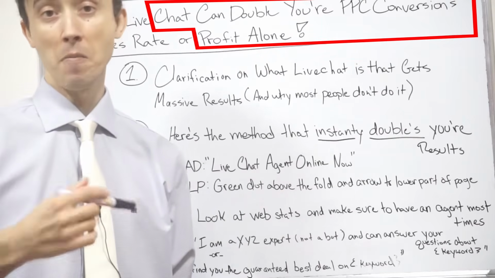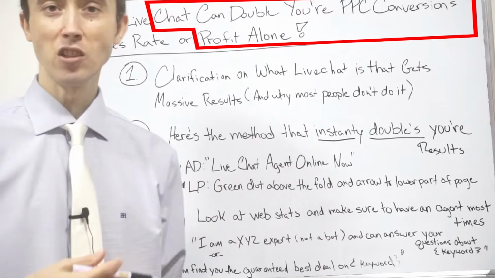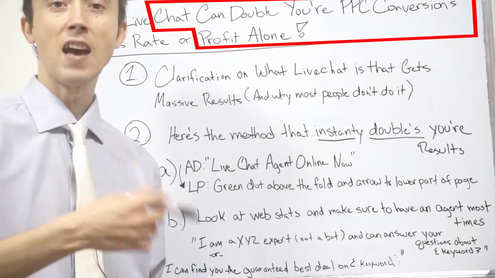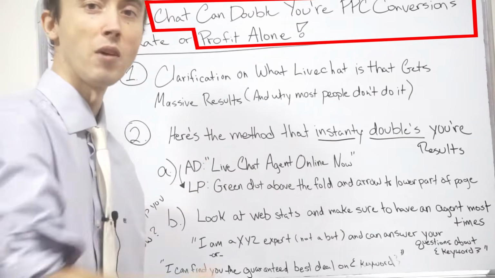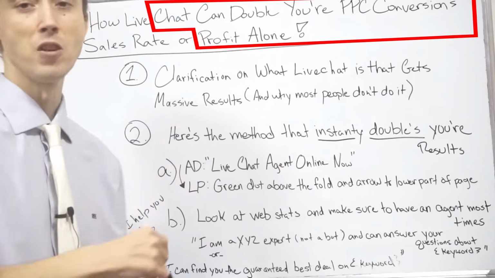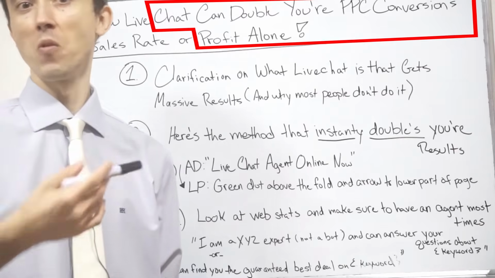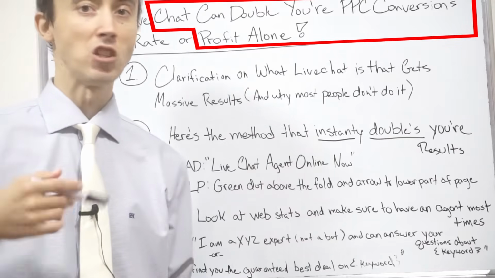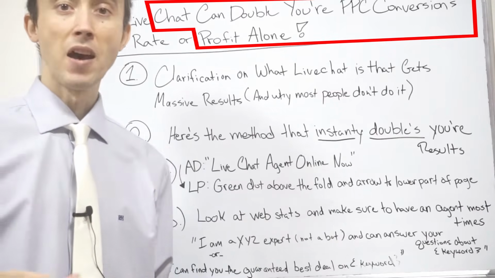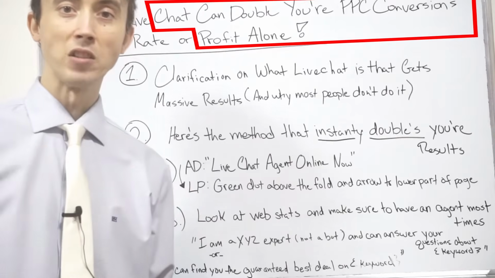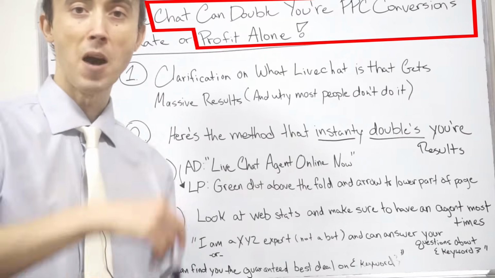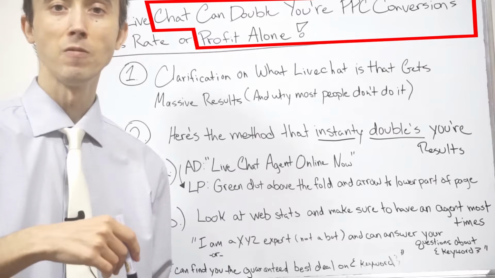So anyway, obviously another application of using live chat, at least the specific special way that I've learned to use live chat to double conversions on a site, is that you're going to be able to take a campaign that normally wouldn't have gotten the ROI that you were looking for because you have some big time players in your market that are more established, have more time to have optimized their ads before you.